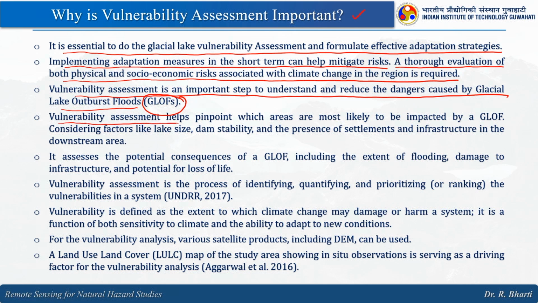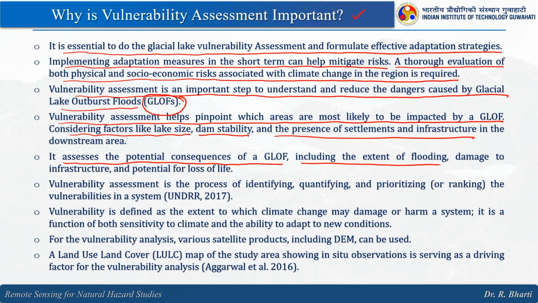Vulnerability assessment helps to pinpoint which areas are most likely to be impacted by the GLOF, considering factors like size of the glacial lake, stability of the dam and the presence of the settlement and infrastructure in the downstream areas. It assesses the potential consequences of a GLOF, including the extent of flooding, damage to infrastructure and potential for loss of life.